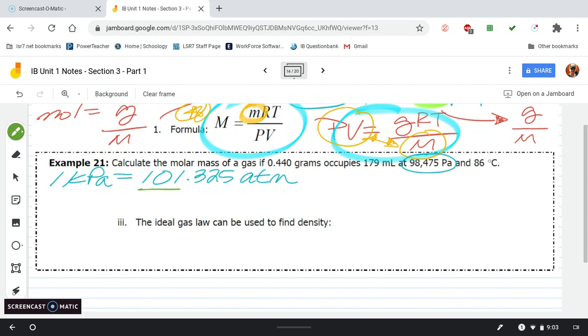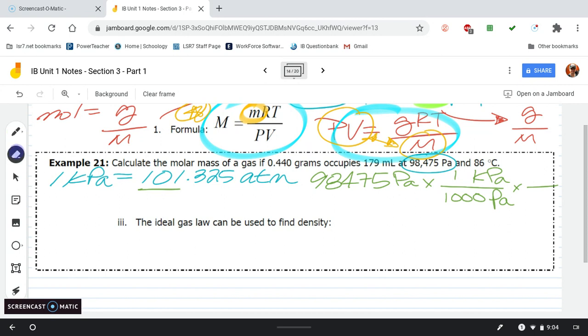What we can do is take 98,475 pascals. We could then convert them into kilopascals. Every 1 kilopascal is 1,000 of the regular pascals. And then we can convert the kilopascals into ATMs.